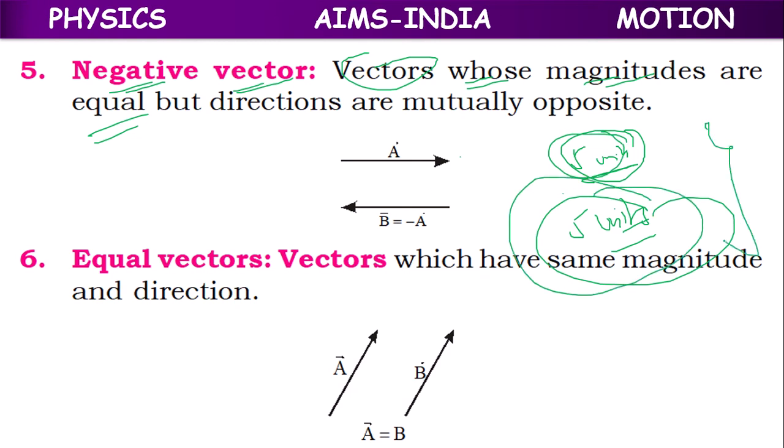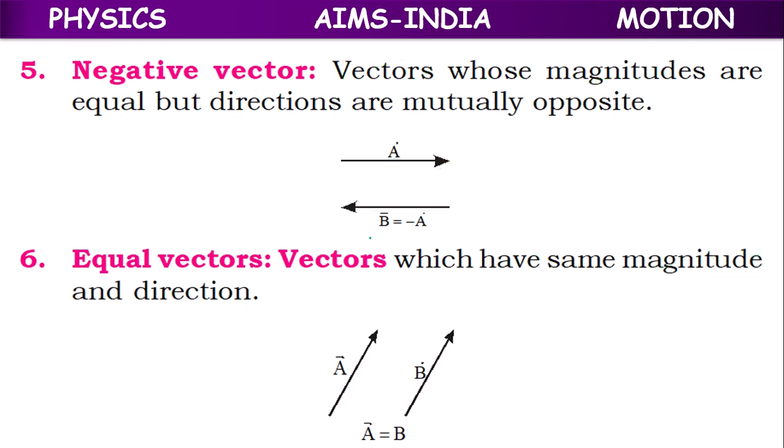But along with equality, if their directions are mutually opposite, if one is towards right and another towards left, with equal magnitudes, then they are called negative vectors. If the first vector is A bar, then the second vector can be represented as minus A bar, opposite to the first one.